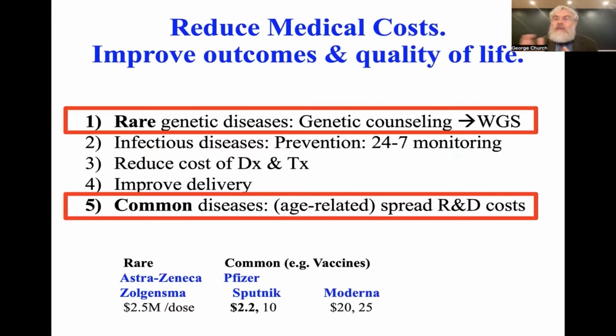Rare genetic diseases are handled by whole genome sequencing for the most part. Common diseases provide us a way of spreading out the R&D cost, bringing the cost per, say, gene therapy vaccine down to $2 per dose.